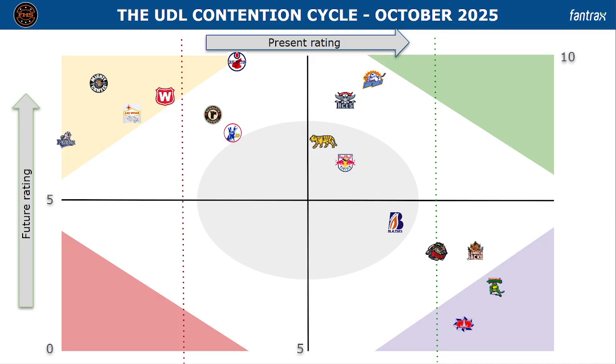And their partners in the big Jack Hughes trade, the Ramparts, what they did is they improved their team so that they jump over the rebuilder line. So they jumped from exactly on the red dotted line to improve by like one rank or one grade their present rating, but they sacrificed some of their future rating to do it.